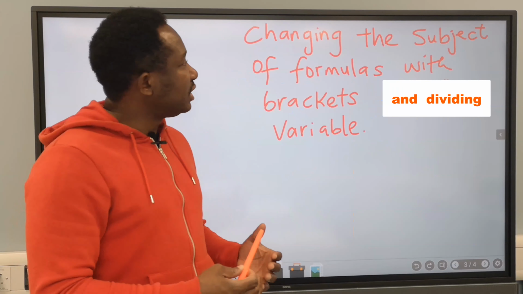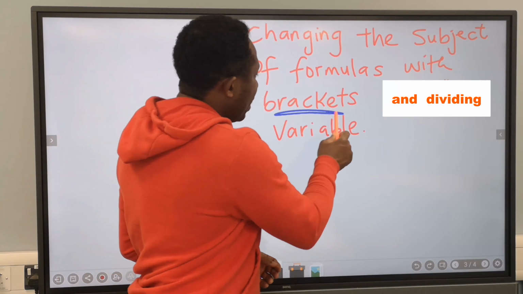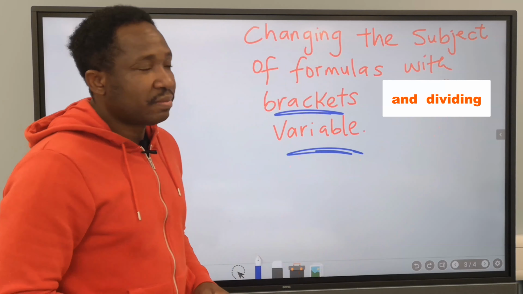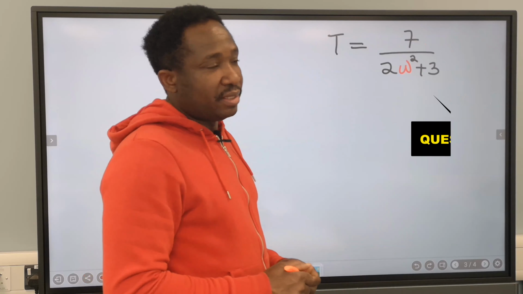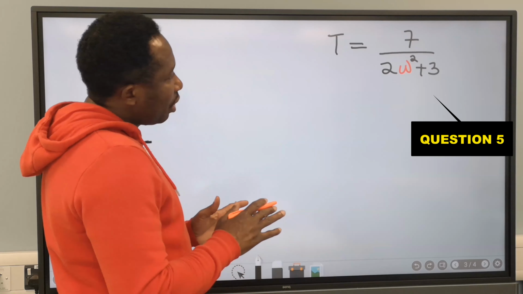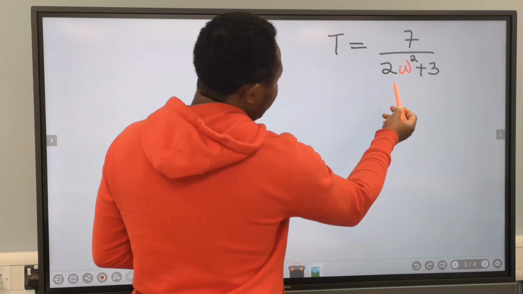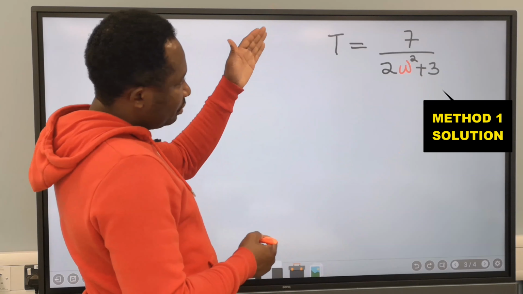Let's consider changing the subject of formulas with brackets and dividing variables. Let's make w the subject here. The first thing we're going to consider is that the w we want to make the subject is at the denominator. We're going to take it up.